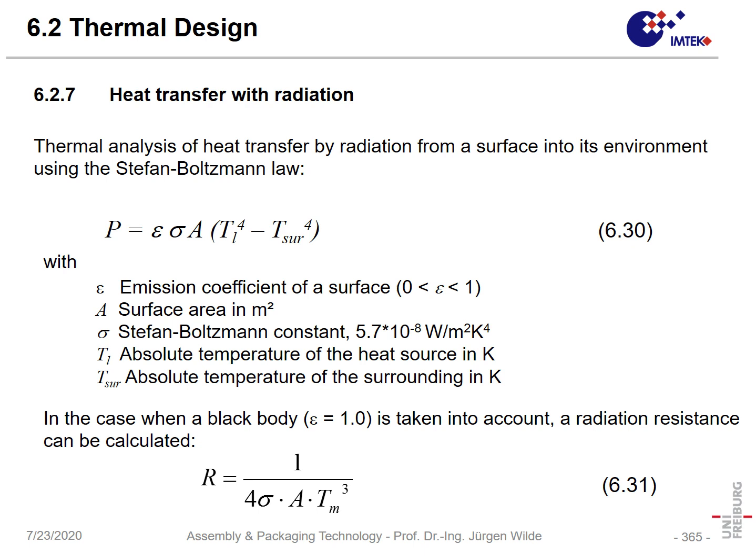Okay, now let's come to heat transfer with radiation. If we have an area A, and that area has a temperature T, the dissipated power is proportional to the area. It's proportional to an emission coefficient and proportional to a constant, which is the Stefan Boltzmann constant.